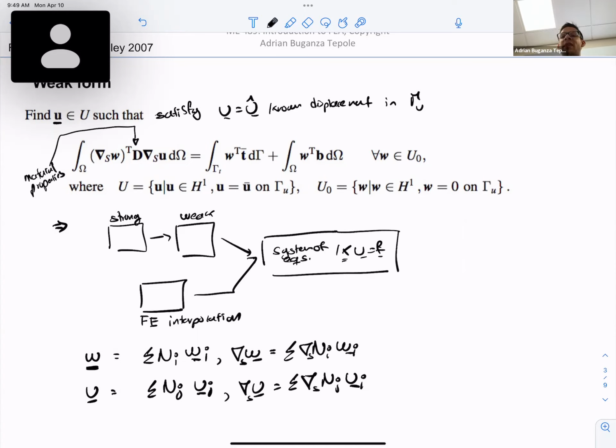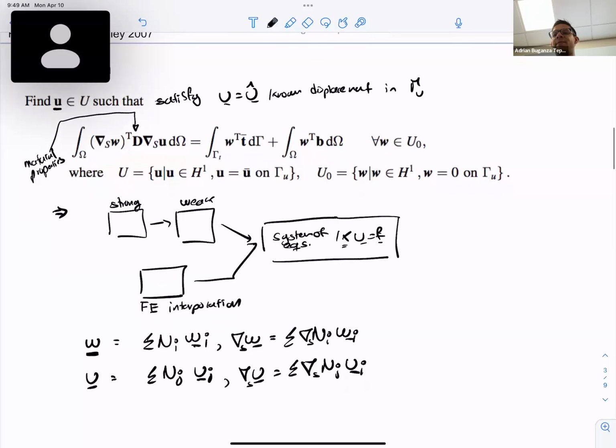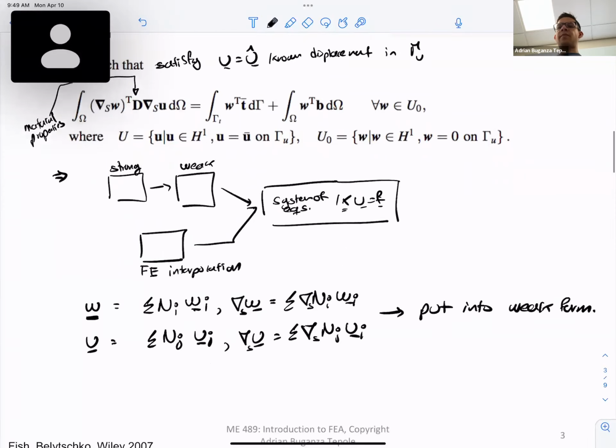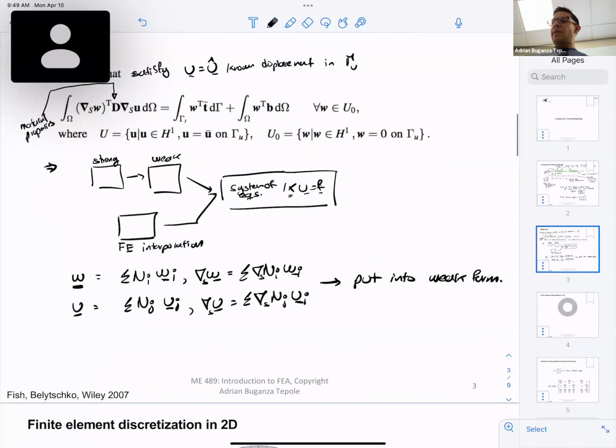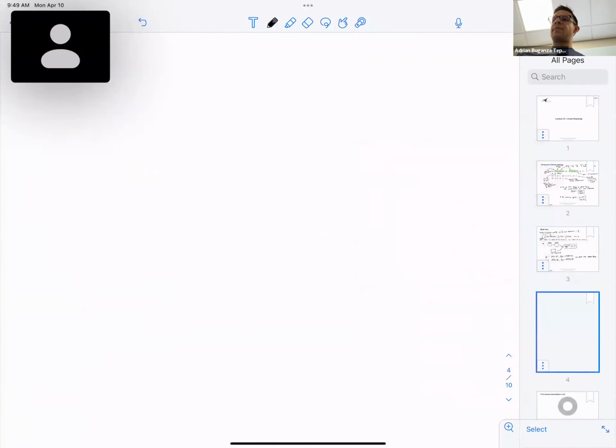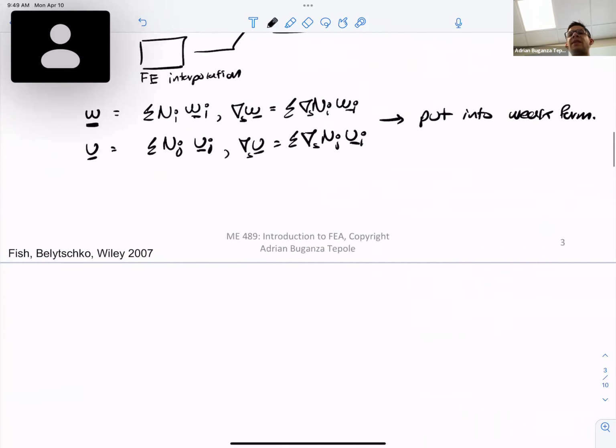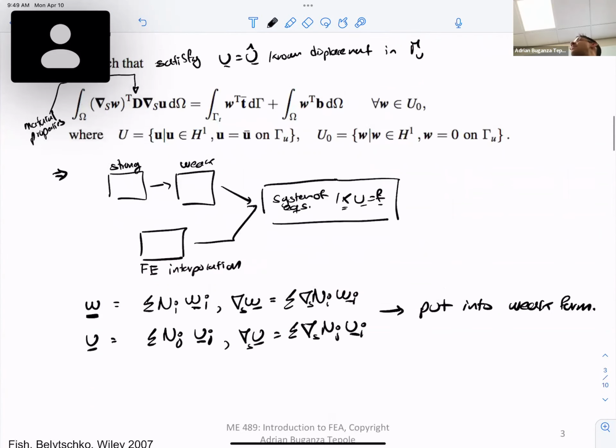Now, if you put this into the weak form, for example, what happens with the first term?